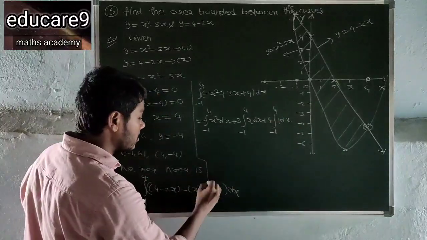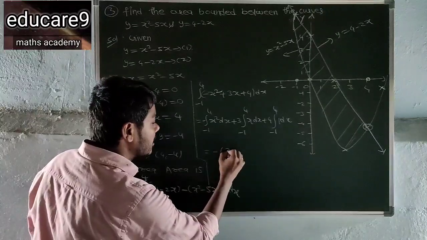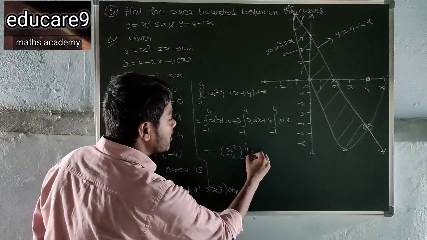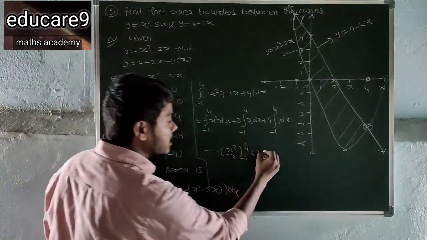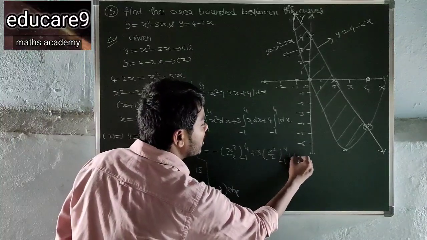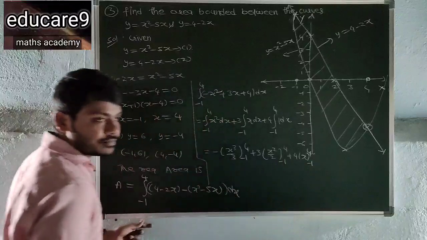Now this is minus integration of x square, x cube by 3, within the limits minus 1 to 4, plus 3 into integration of x, that is x square by 2, within the limits minus 1 to 4, plus 4 into x within the limits minus 1 to 4.